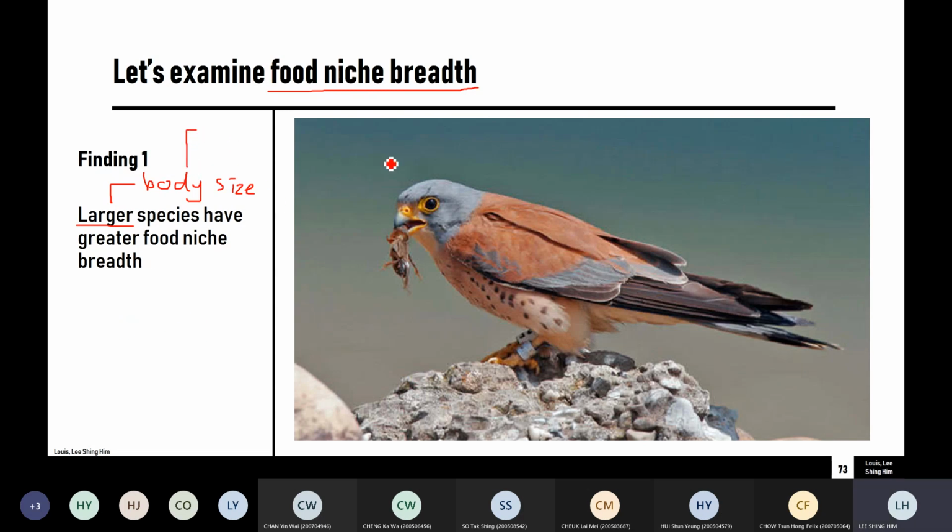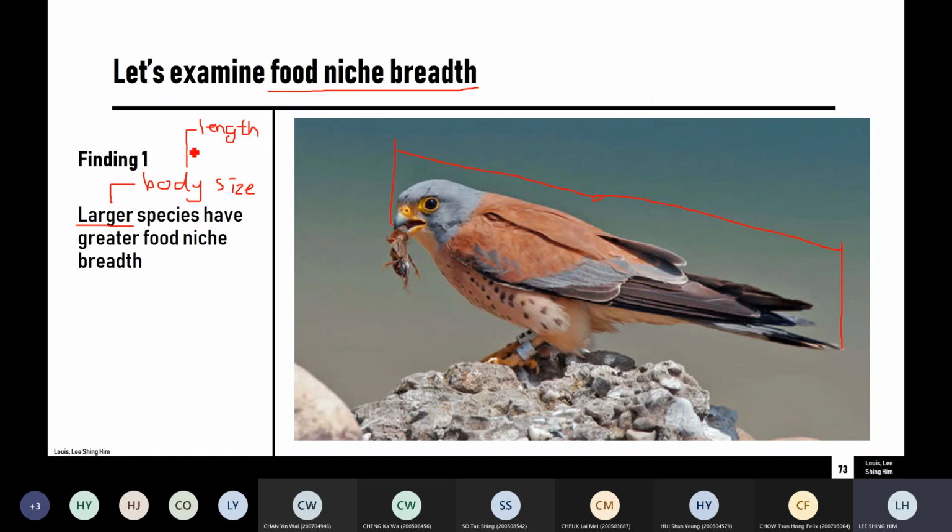Perhaps we can measure the length from its beak to its tail. So this is body length. This is a measure of body size.